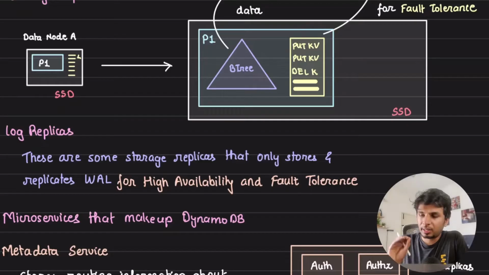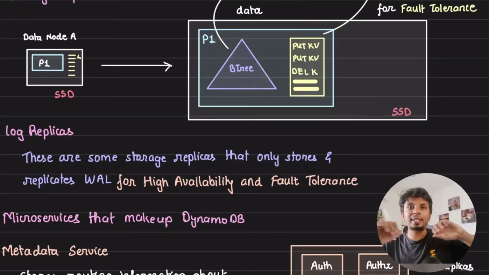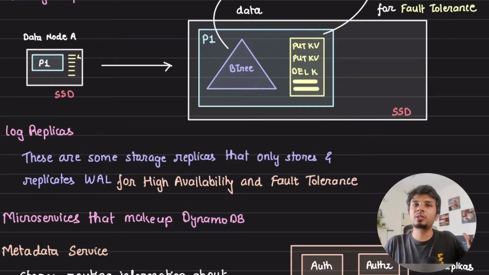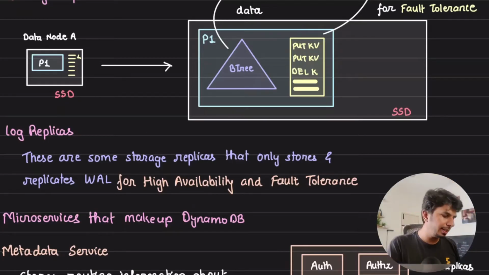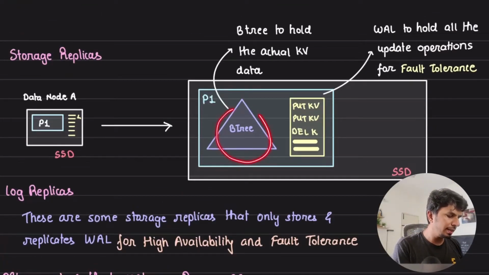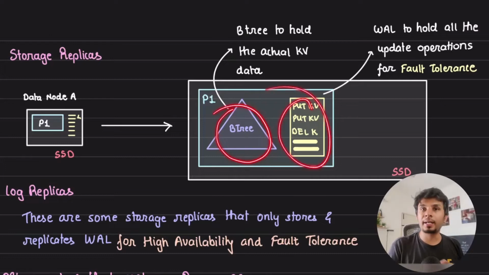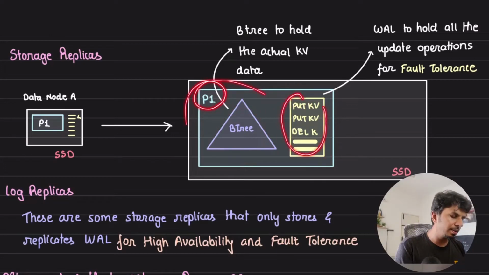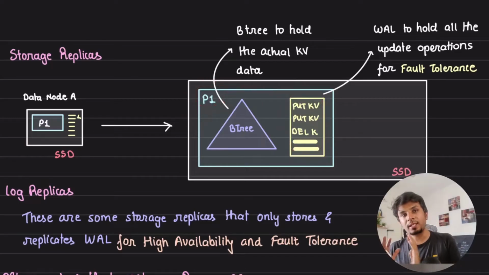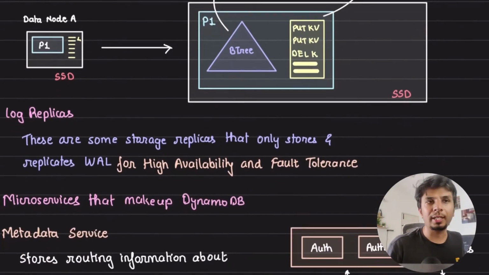So you quickly add a log replica so that you can start accepting writes, and writes are distributed and registered so that you get fault tolerance out of the box. A storage replica contains the actual data and the write-ahead log file, while the log replica only contains the log file for this partition. We'll touch upon log replica when we talk about high availability. So remember log replica for that.